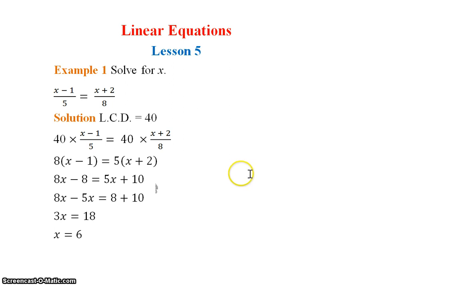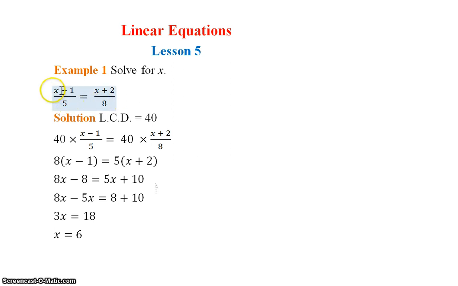Really, we can apply a slightly different strategy in order to solve this equation. Instead of finding the common denominator and multiplying both sides by the lowest common denominator, we can say that the given equation is a proportion.